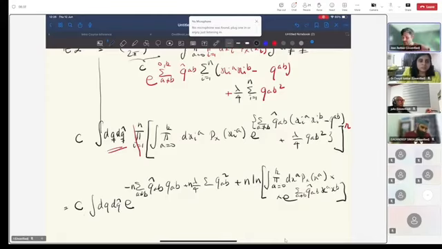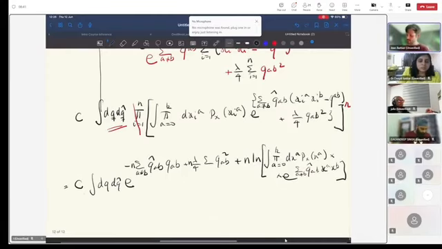Perfect. So why have I written all this in this form? Because you see that what we obtain is something of the form dQ hat exponential minus n, some action, so in physics we call that an action, that now depends only on the order parameters.